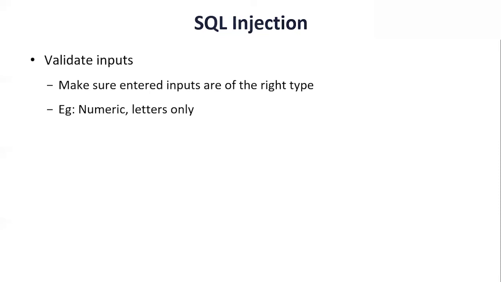Or if we know that it can contain only A to C characters and numbers, we can again check that. And if it contains additional characters like quotations or semicolons, we can simply reject that and ask for another value. That is called input validation. By using these kinds of simple measures, we can completely avoid SQL injection attacks.